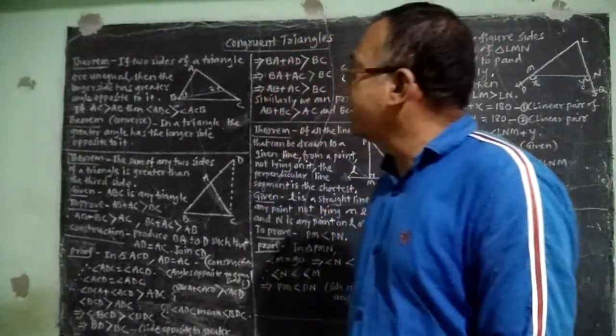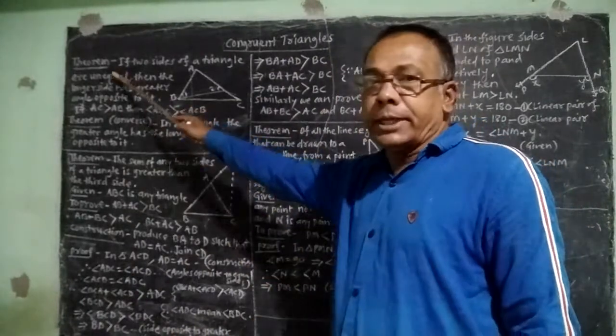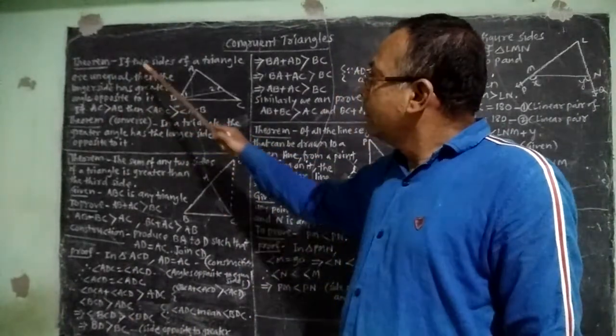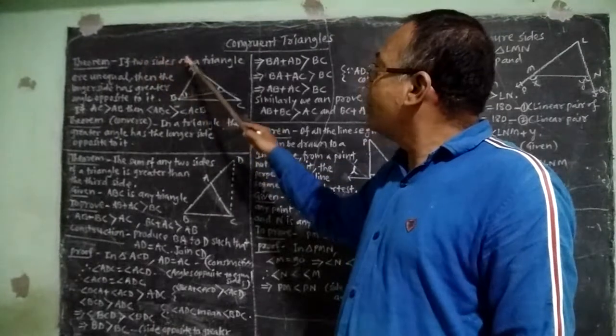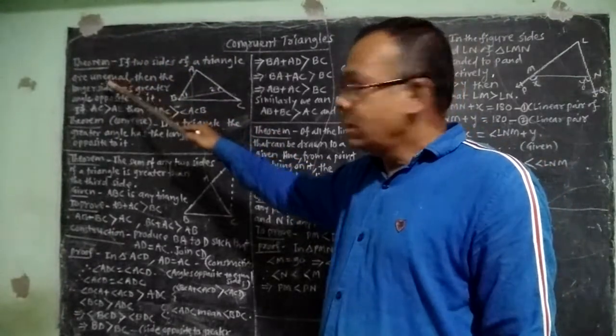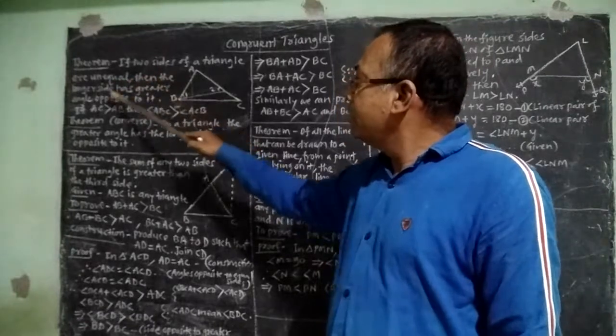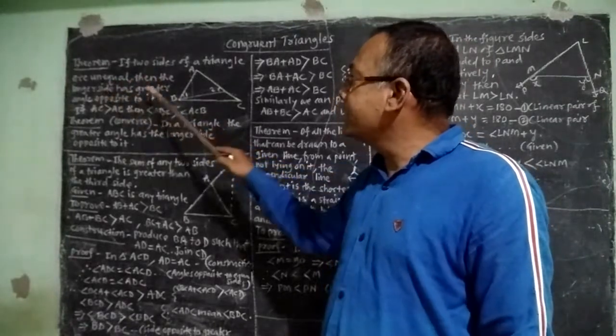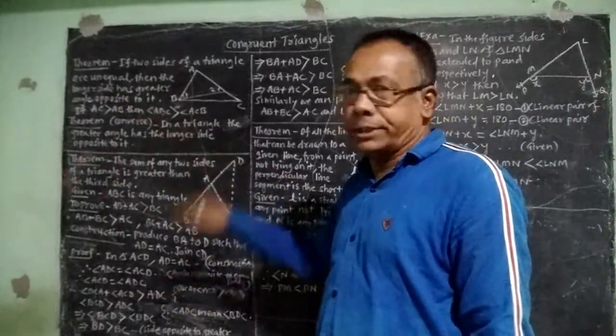Our first theorem is that if two sides of a triangle are unequal, then the longer side has greater angle opposite to it.